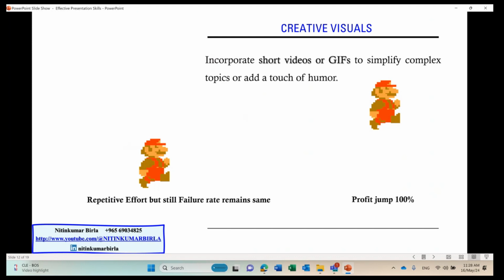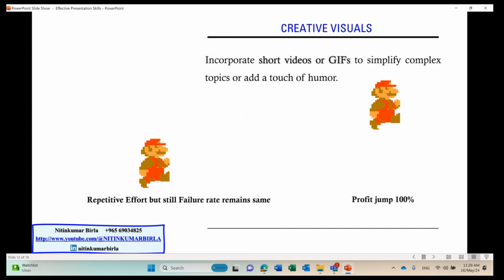There's no change in my position. So I'm showing I'm putting in the efforts, but there's no change. That's the point where we want to add GIF graphics, some humor, to our presentation. Correct. This is how creative visuals will add value to your presentations.